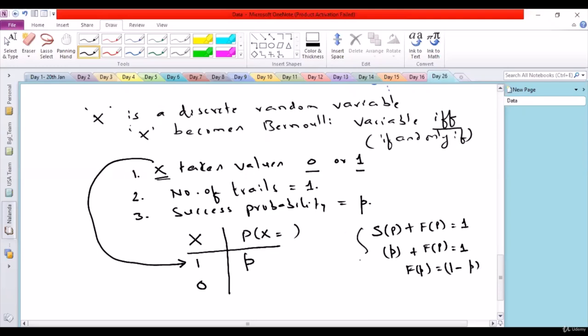Any doubt here? Please respond. Are you with me, guys? So this probability becomes 1 minus P.